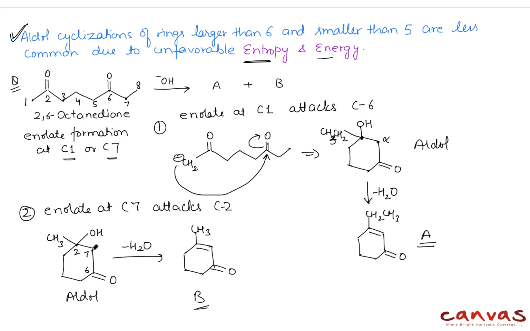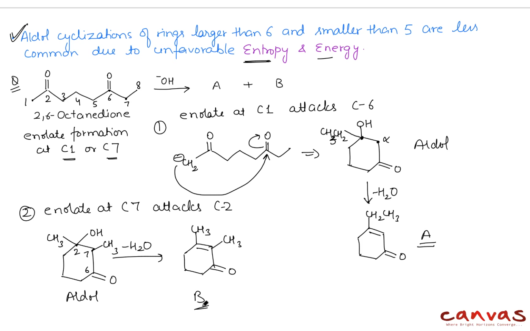So here we have one CH3. Okay, sorry I missed it. So always in the end of the problem, make sure you count all the carbon atoms. Okay, so now we're done. Here also we have 8 carbons.